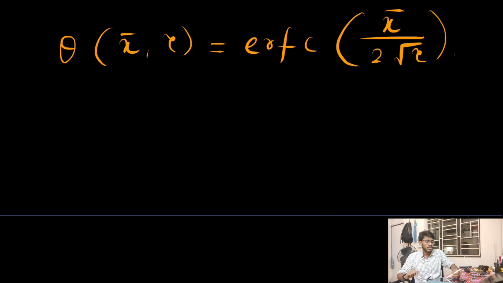So with that I would like to end this lecture, okay. I hope that I could convey most of the things of conduction which are required at the M.Tech level.